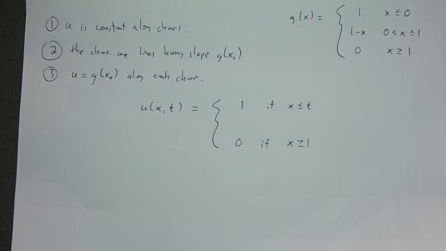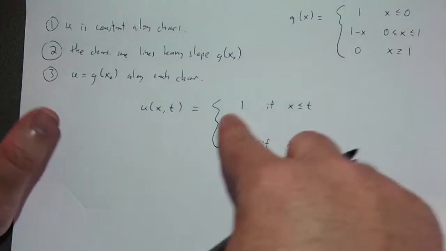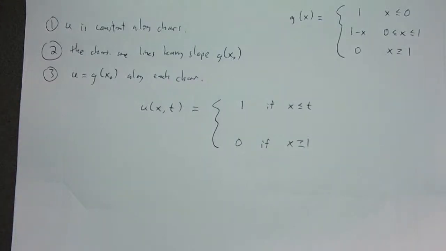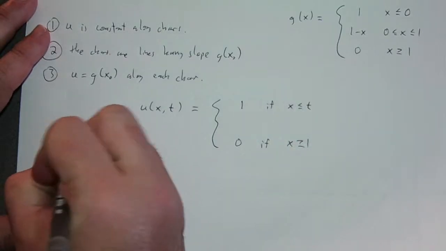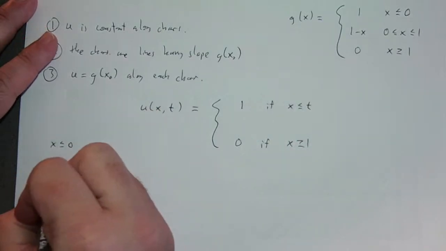And so what do I get in the middle, in this intermediate region? Well, let's think. I've done x less than or equal to 0, and I've done x greater than or equal to 1.